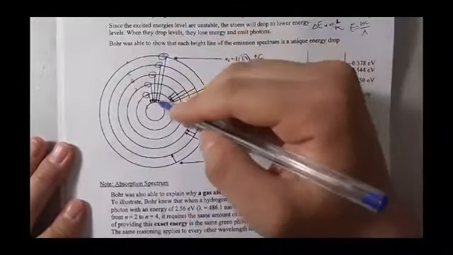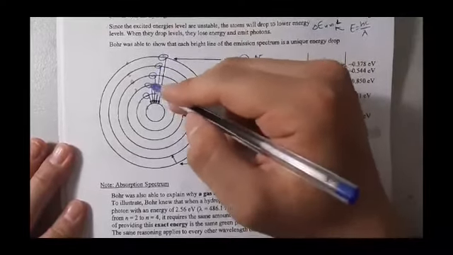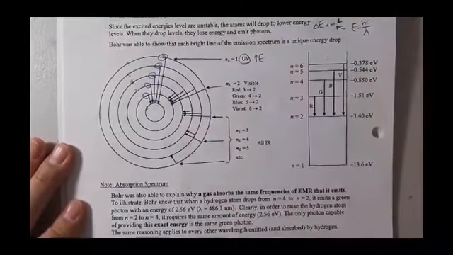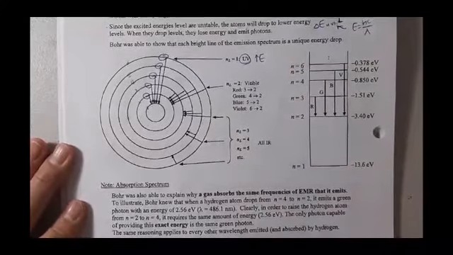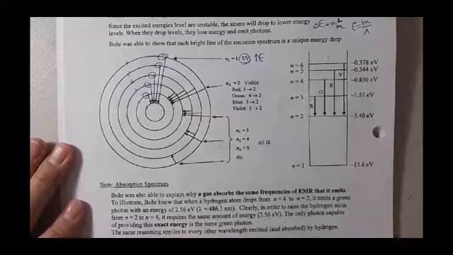Sorry, 6 to 1, 5 to 1, 4 to 1, 3 to 1, 2 to 1. Bohr was able to show that energy level and connect it to the diagram. That's how much energy it's basically releasing for the UV.